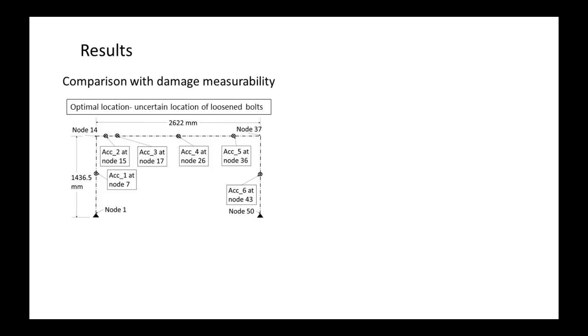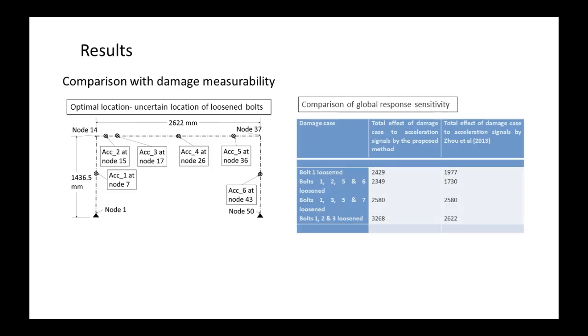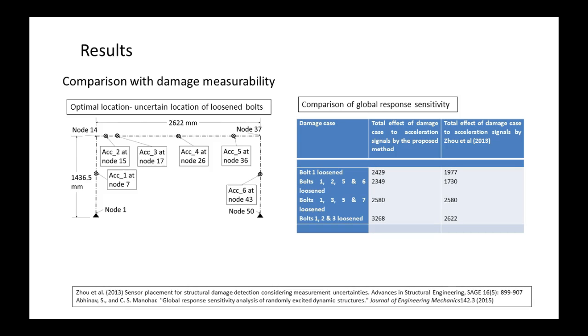Next, we need to compare that with the existing algorithm. This sensor location is with respect to the damage measurability condition. Then, for the algorithm given by this paper, we estimated the global response sensitivity of the time signal with respect to the damage cases, for our algorithm and for the algorithm in this paper.